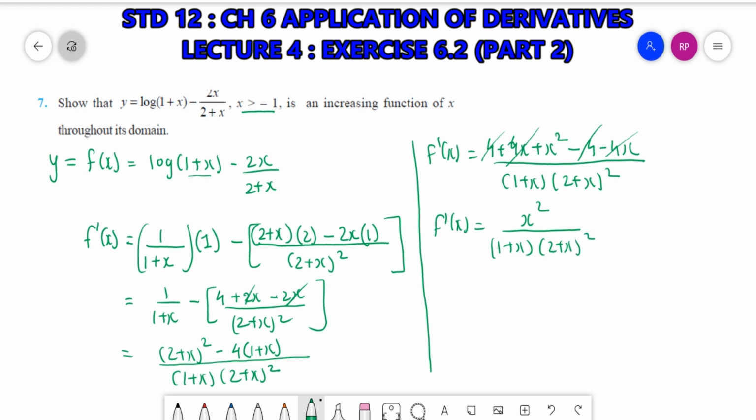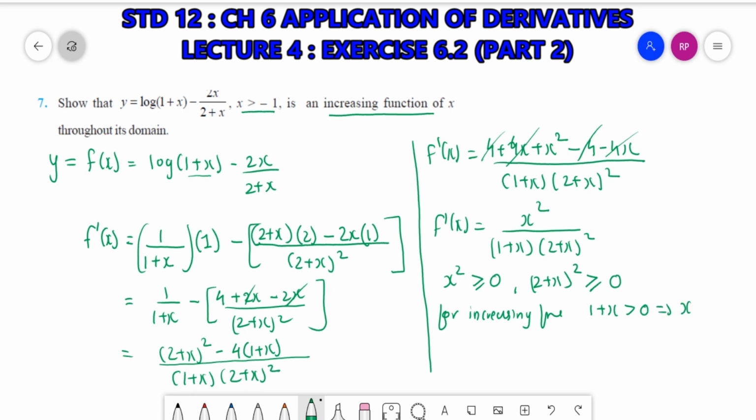Okay, now x square is always greater than or equal to 0. 2 plus x, again it is a square, so this will always be greater than or equal to 0. Now we have to prove an increasing function. So for an increasing function, 1 plus x must be greater than 0.